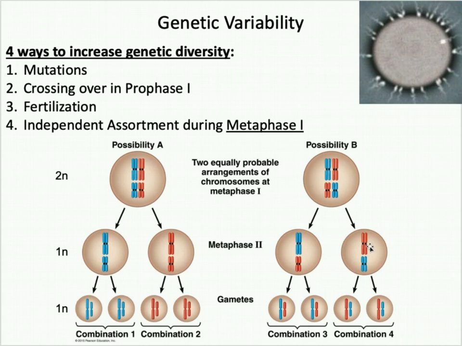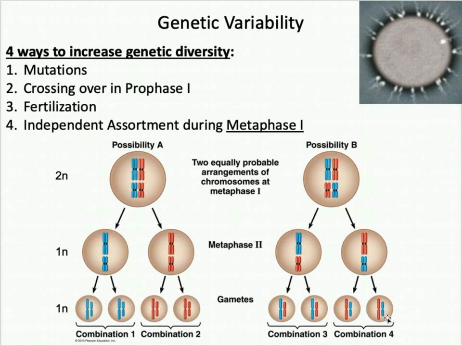So this sister chromatid will go to this haploid cell, and this chromatid will go to this haploid cell. The same thing happens to this other cell, where this chromatid will go to this haploid cell, and that chromatid will go to that haploid cell.